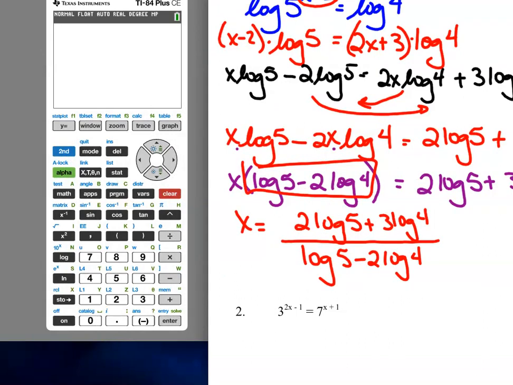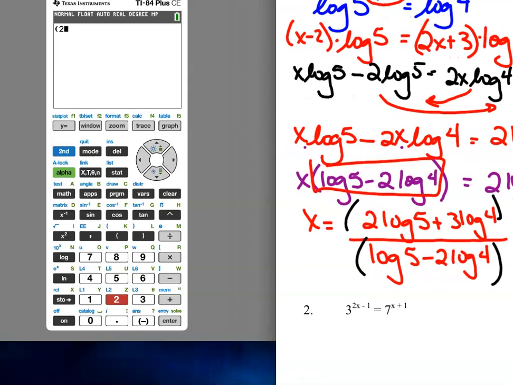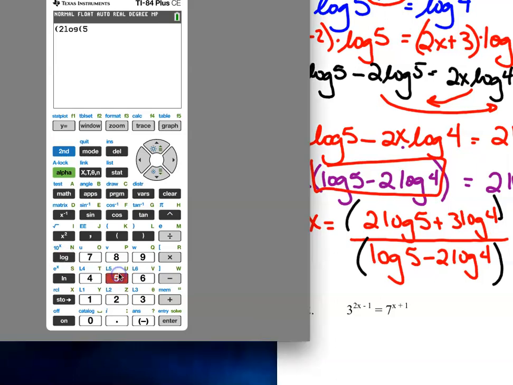So we have, and you are going to need parentheses when you type this in your calculator so that the whole top is getting divided by that whole denominator. Okay, so parenthesis 2 log 5. We have to close off that log 5 parenthesis plus 3 log 4. Close off that log 4 parenthesis, and then close off the whole numerator.